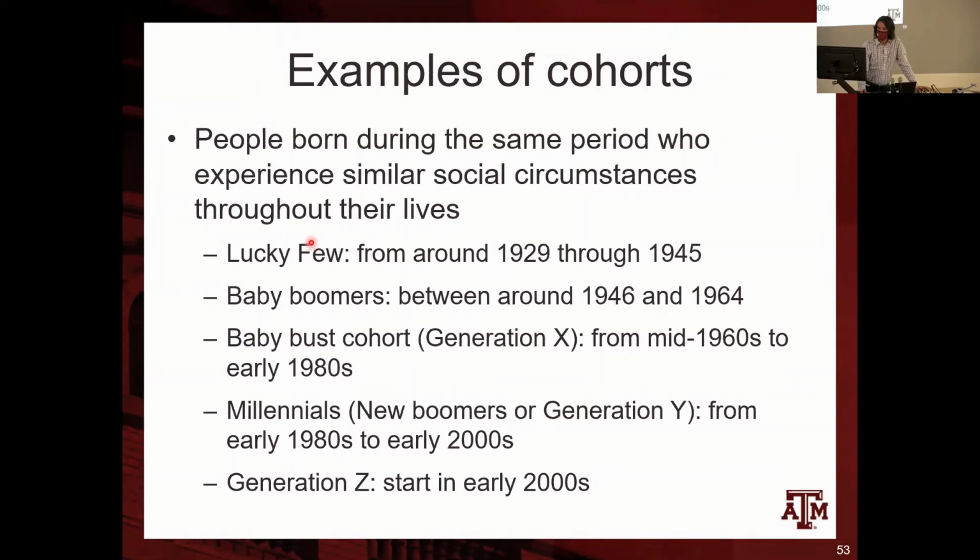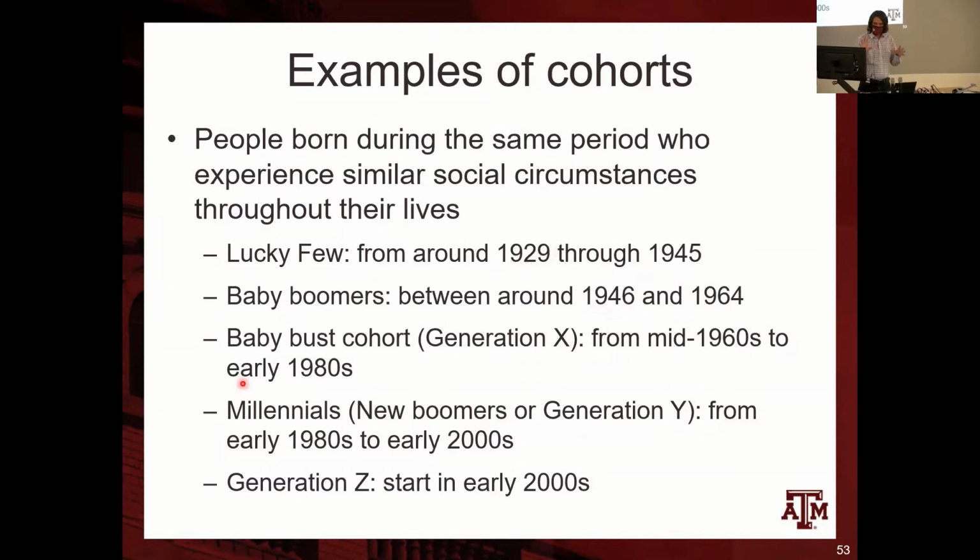And here are some examples of cohorts: people born during the same period who experience similar social circumstances throughout their lives. These terms are not always used in the same ways by different researchers, demographers or social scientists, and those years might vary a little from study to study.